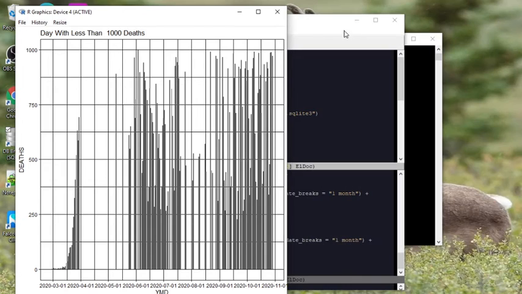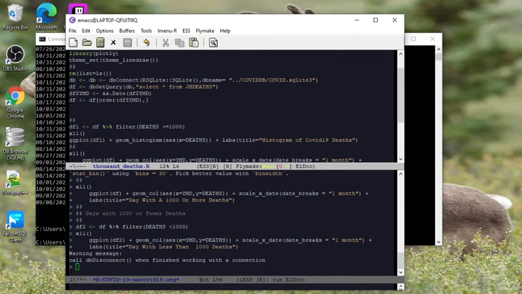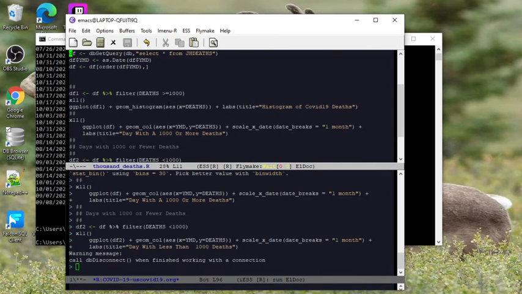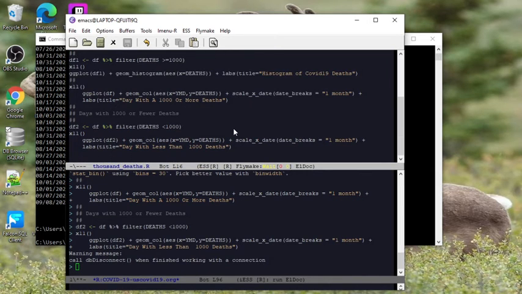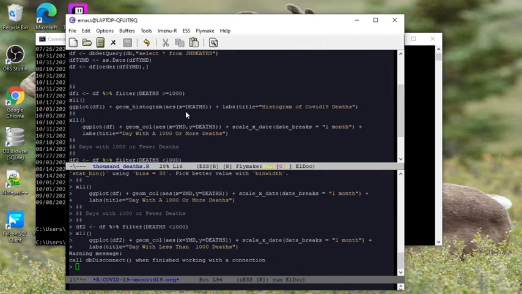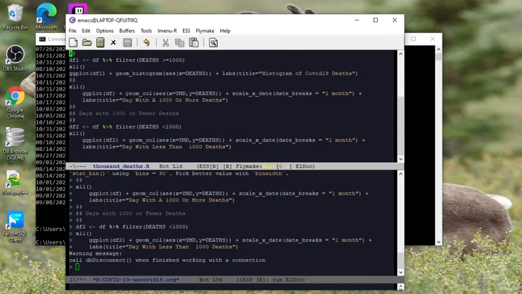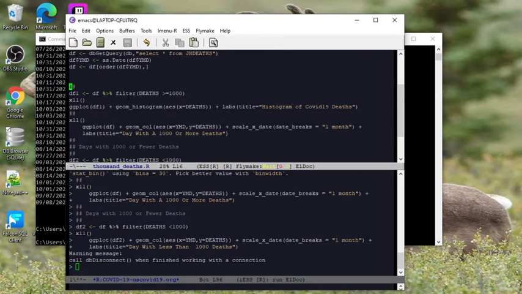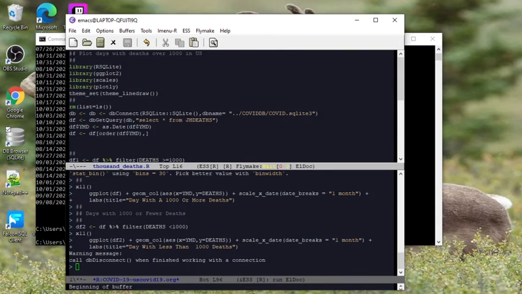Something there doesn't make any sense now. There we go. Okay. Let's run this buffer again then.